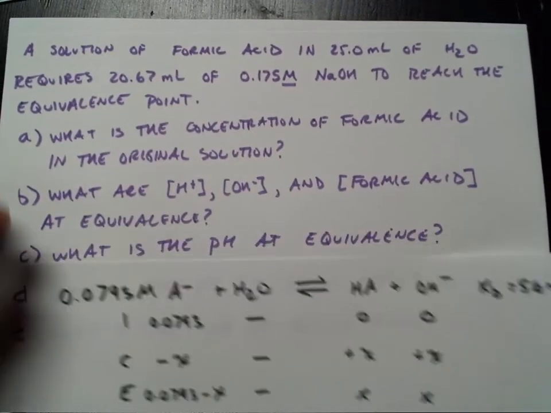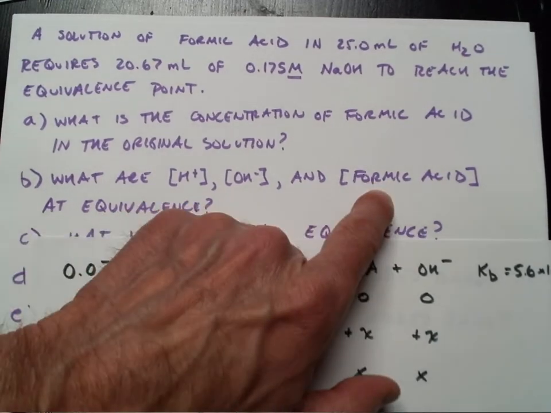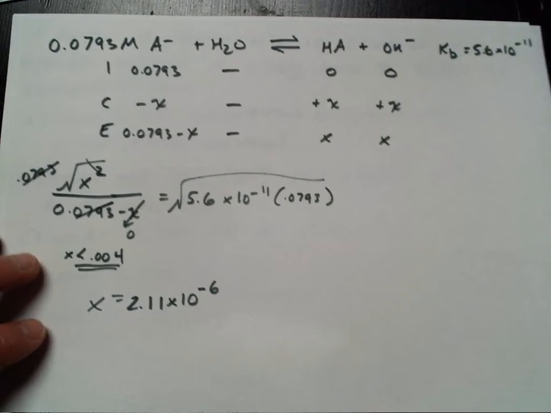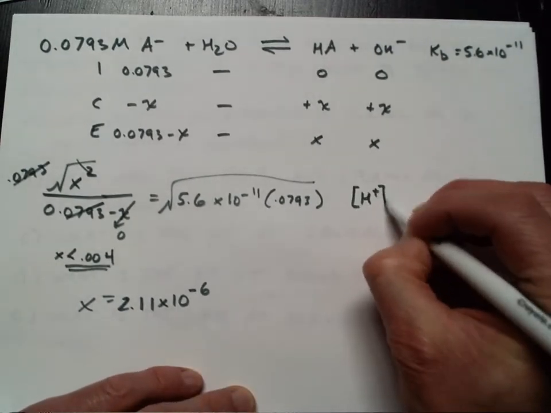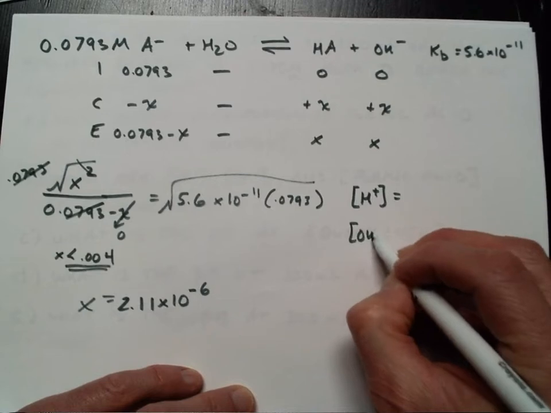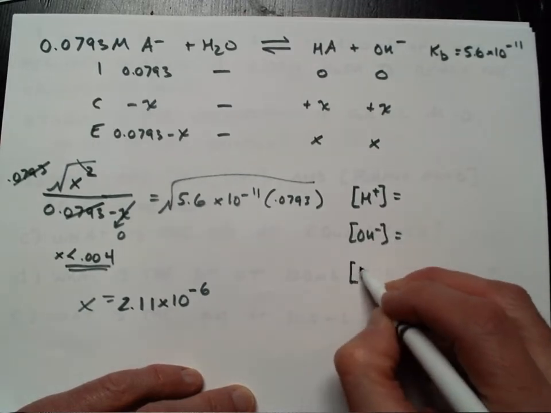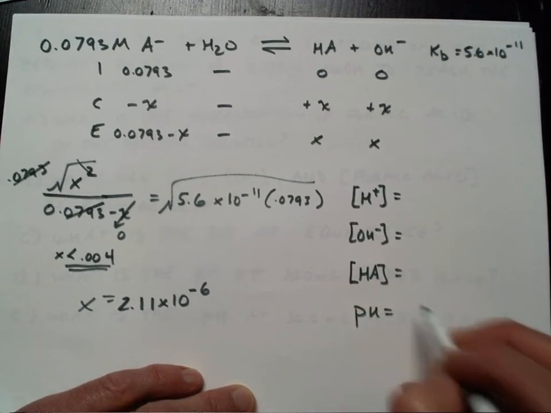Now, you might remember, what were we supposed to do? Man, we're only on part B. We were supposed to find proton concentration, the hydroxide concentration, and formic acid at equivalence. Let's also find the pH, so we'll do both B and C together. I want to find this, this, and this, and I want to find the pH.